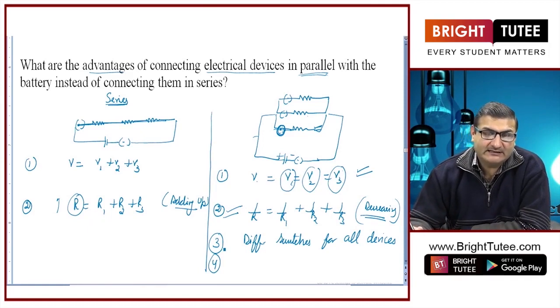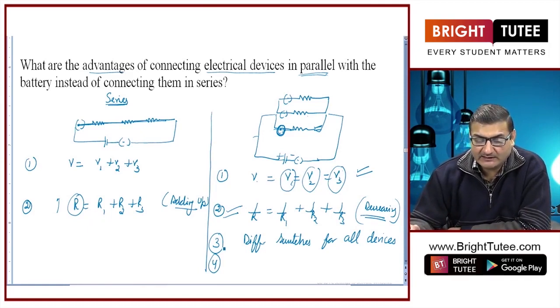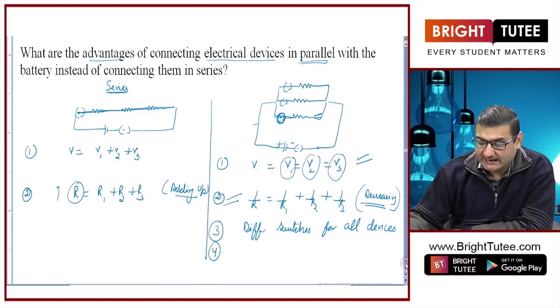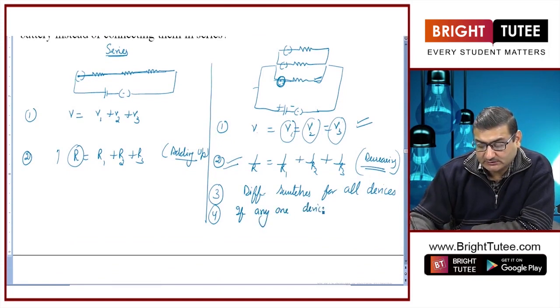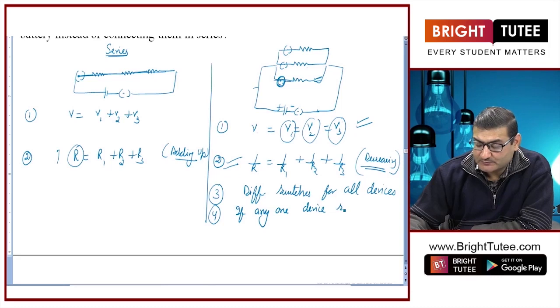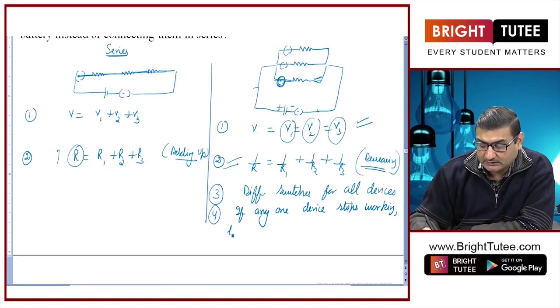The fourth, yet another advantage of parallel combination is that if by any reason any one device stops working or is faulty, the others will continue to work. Why?